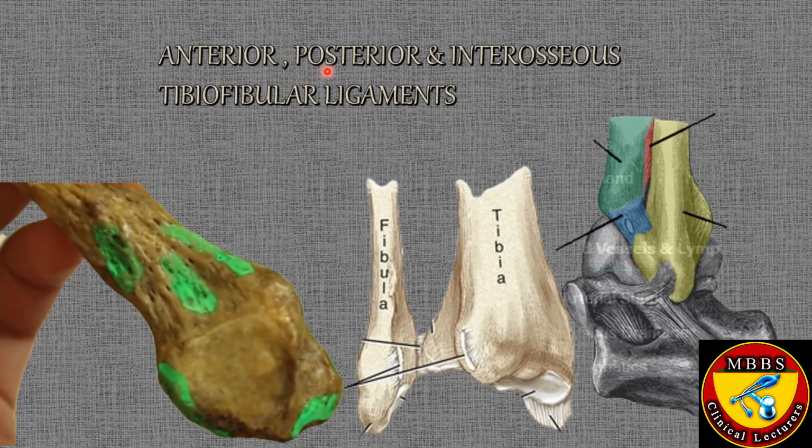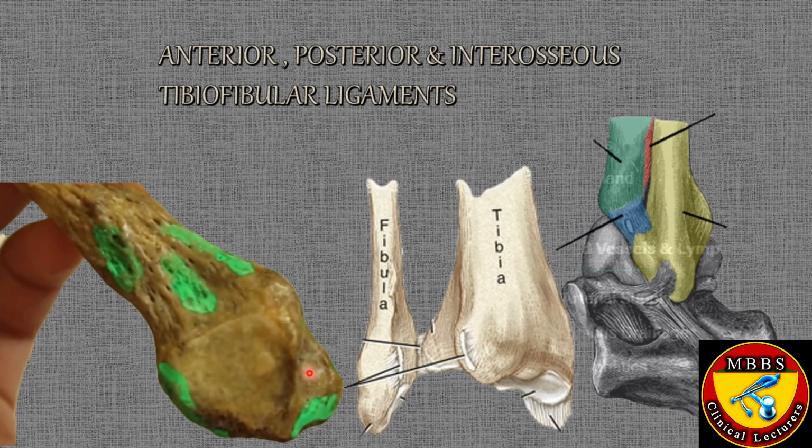Now the anterior, posterior and interosseous tibiofibular ligaments. Which ligament? The ligament which joins the tibia with the fibula. So the tibiofibular ligaments are anterior, posterior and interosseous in the middle, related to the interosseous membrane or interosseous border of both bones. This is the medial surface.